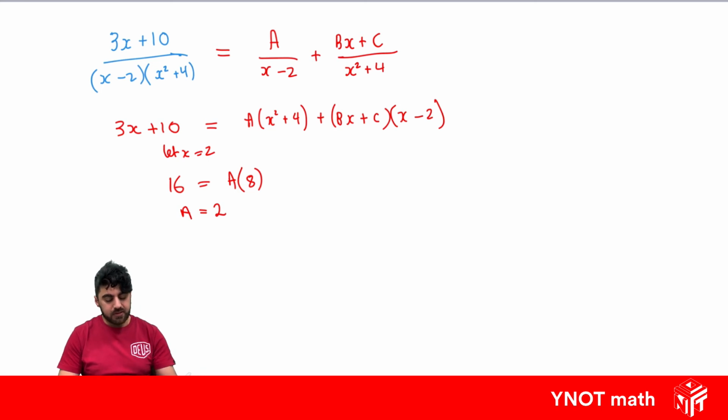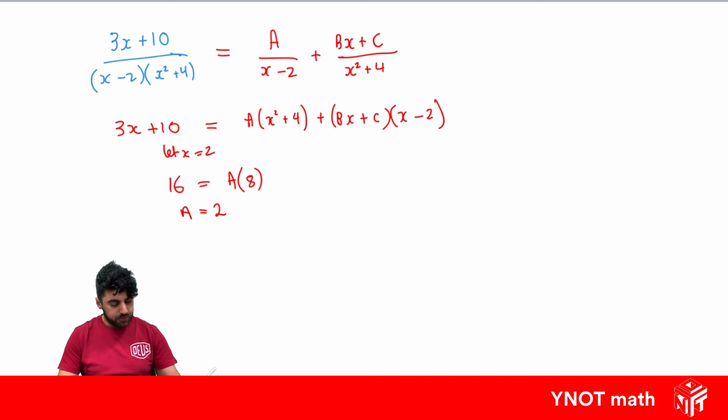Over here, it makes it a bit tricky to let x equal 2, because we need the x squared term to be minus 4, but that's not going to happen. So to work out b and c, we could try some other smart strategies.